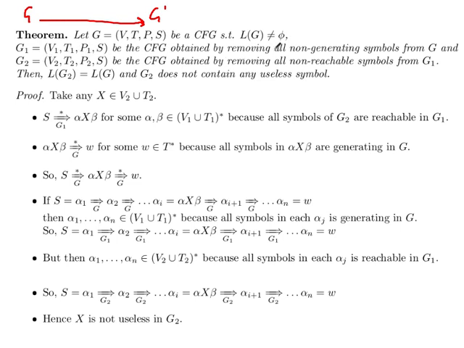By removing all the non-generating symbols. So from G to this G1, you are retaining all the generating symbols. That means generating symbols are retained.